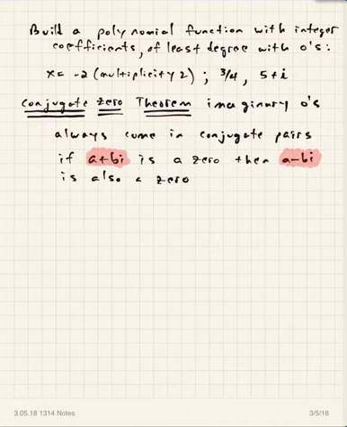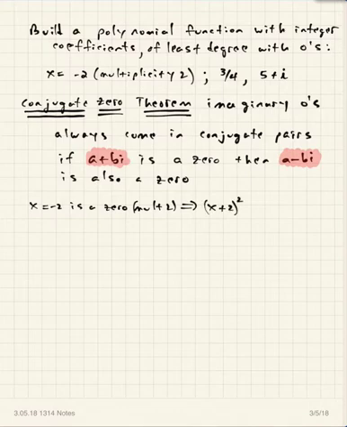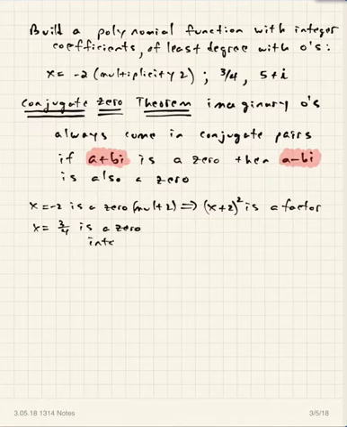So in our problem, what do we have here? We have the -2 is a 0 of multiplicity 2. So what does that tell us? That x equals -2 is a 0. The multiplicity is 2. And so that tells us that x plus 2 squared is a factor. 3/4 is a 0, and we know that the polynomial has integer coefficients.